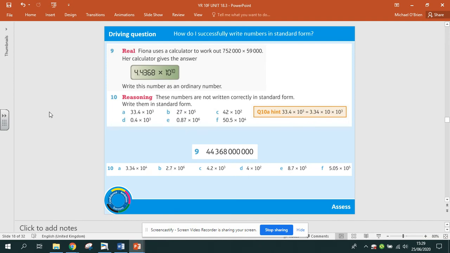Then 0.87 times 10 to the sixth becomes 8.7 times 10 to the fifth, and 50.5 times 10 to the fourth becomes 5.05 times 10 to the fifth. This is a really, really important skill, and you need to understand it. So please do go over that again if you don't think you fully understand it or you're not 100% certain. Other than that, just carry on.